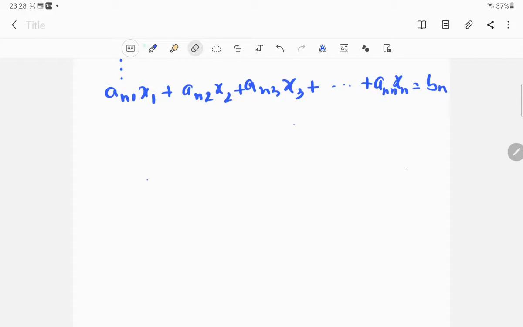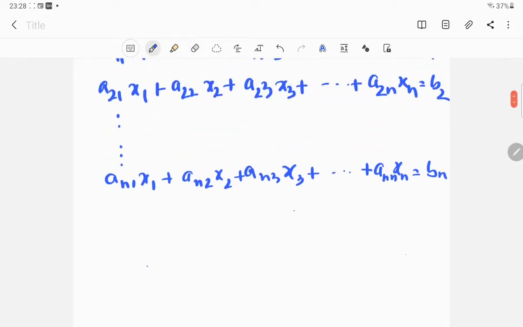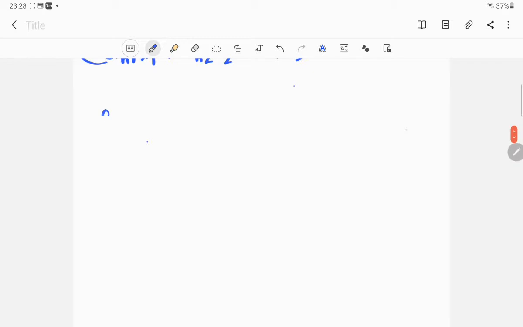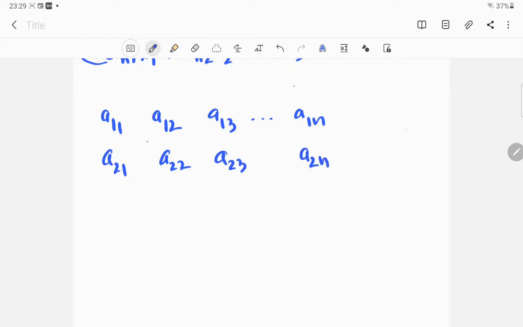What we are supposed to do now is convert this set of equations into matrix form. It will look like this: a11, a12, a13, a1n; a21, a22, a23, a2n; and so on up to an1, an2, an3, ann.